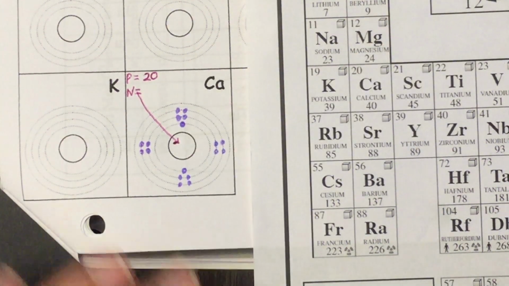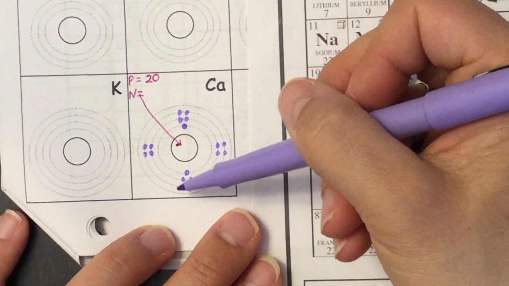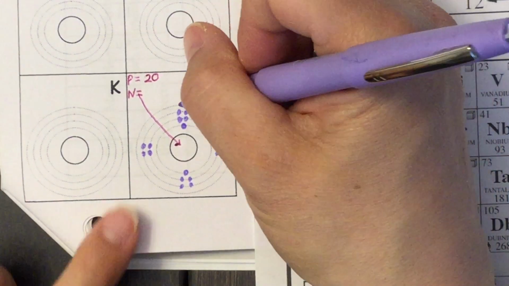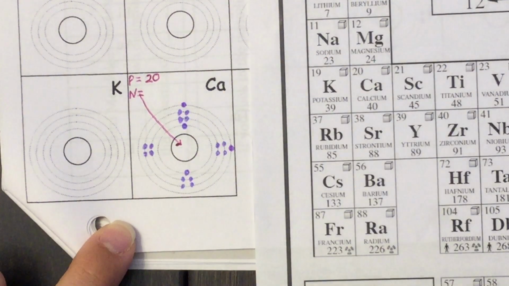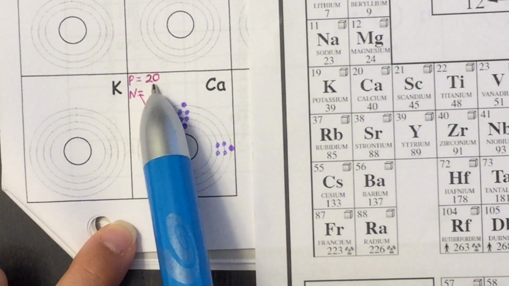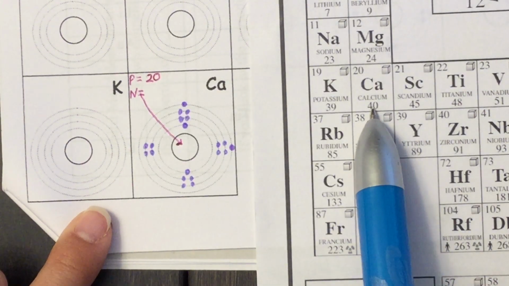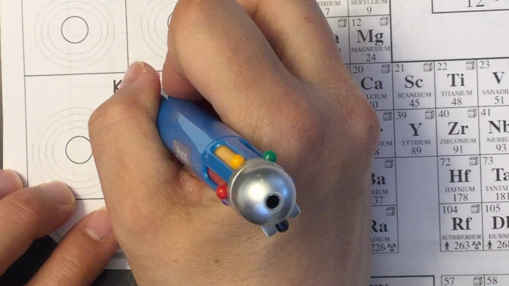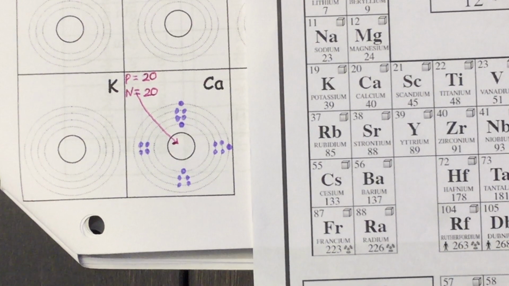But because I knew that I have 3 inner shells, I just filled them in. So I have 18, I'm going to go 19, and then 20. There we go. So I have 20 electrons and 20 protons. And how many neutrons do I have? That's right. I also have 20 neutrons. 40 minus 20 is 20.